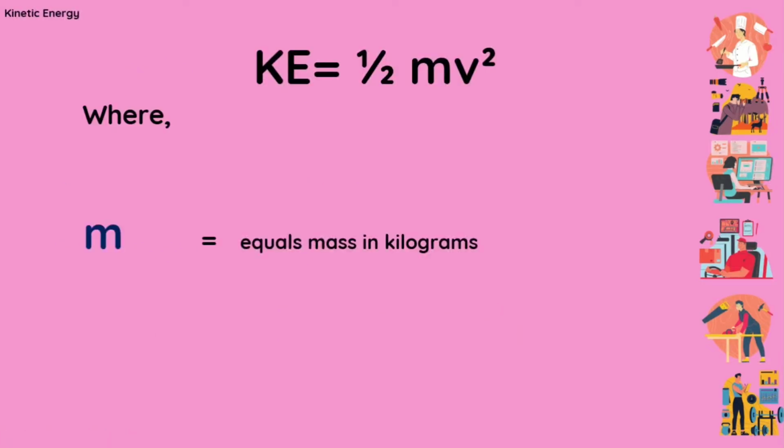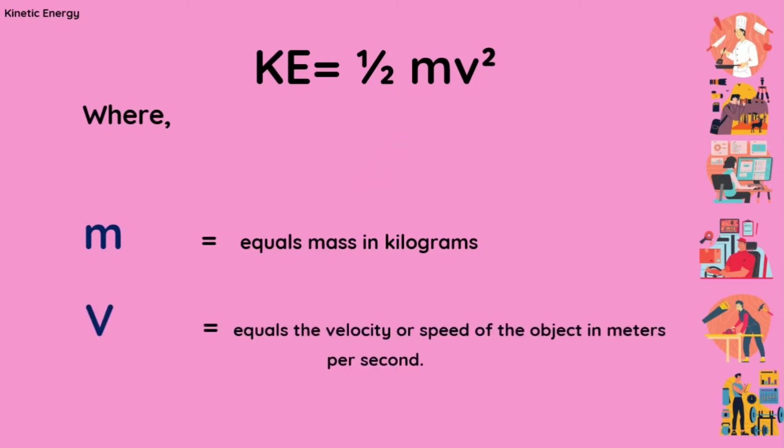where m is equal to mass in kilograms. So, lagi nating tatandaan that the unit of mass is kilogram. Kilogram is the unit of mass. And v is equal to the velocity or speed of an object in meters per second.